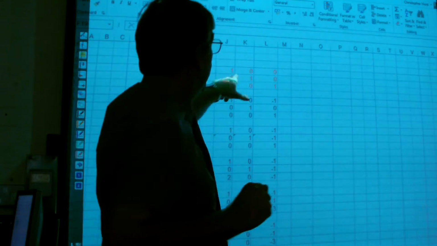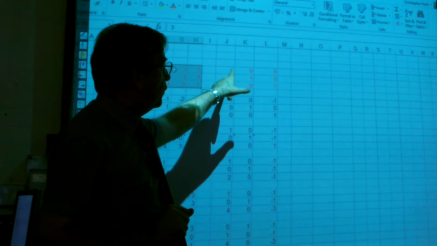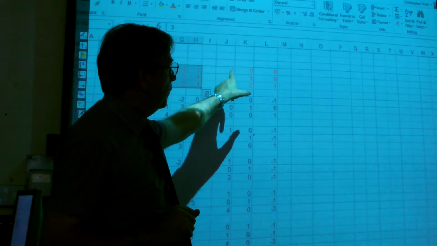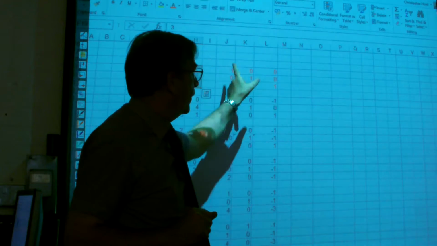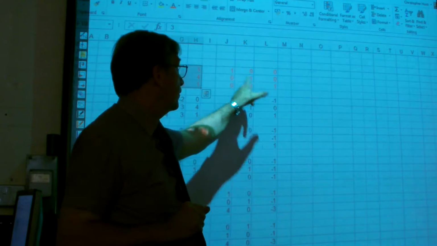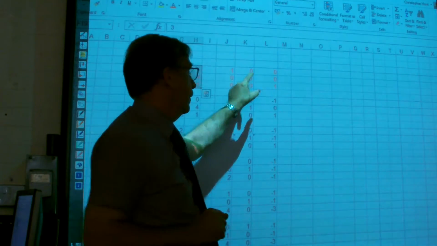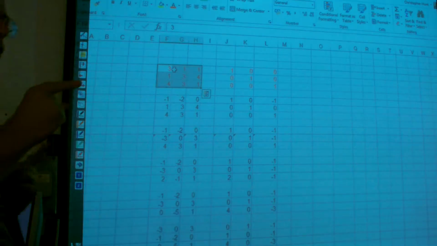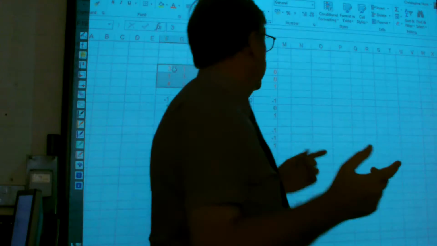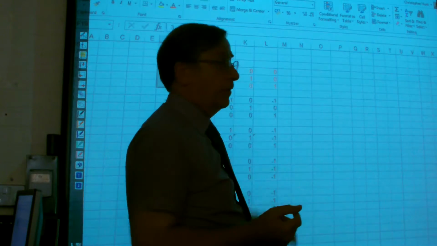Now the identity matrix, well, it always has the ones running down the middle of the diagonal and zeros in every other cell.